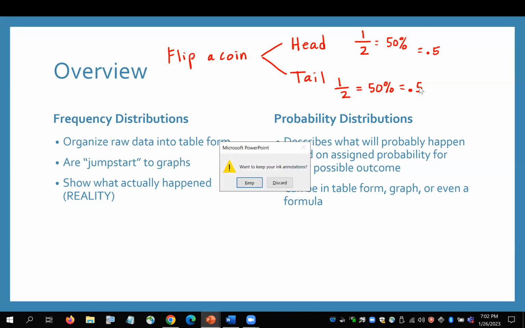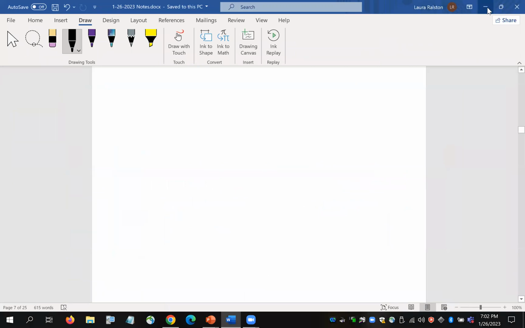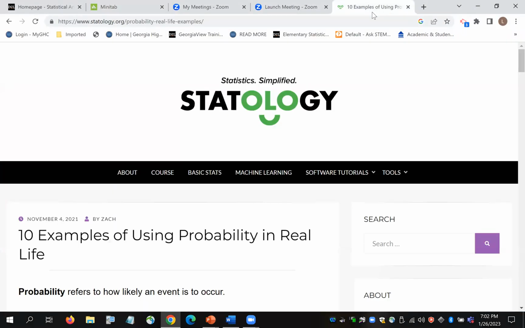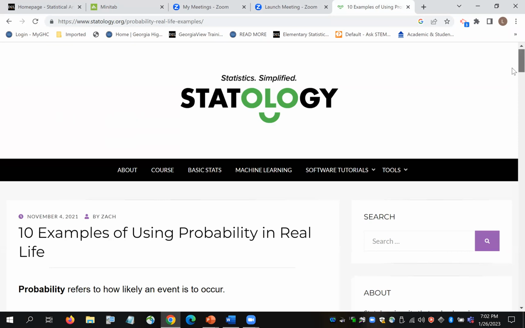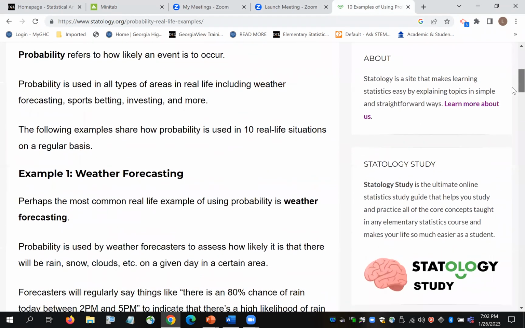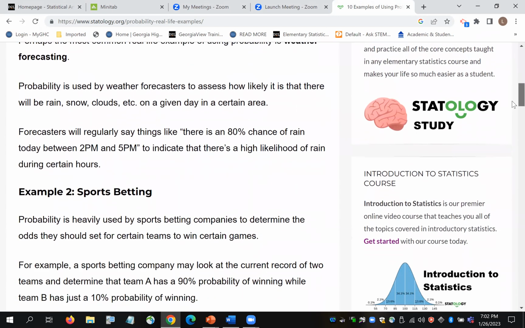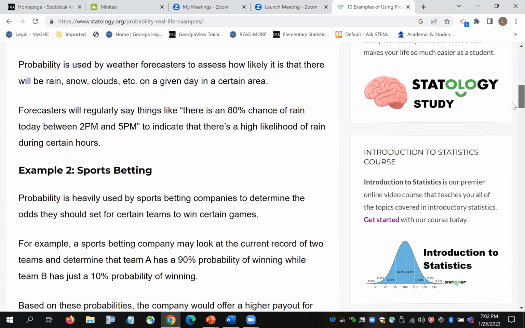I Googled right before class to see if I could find some examples of using probability or probability distributions. Obviously, we think about probability within weather forecasting, and typically with anything associated with betting, whether it's sports betting, playing the lottery, or playing cards.